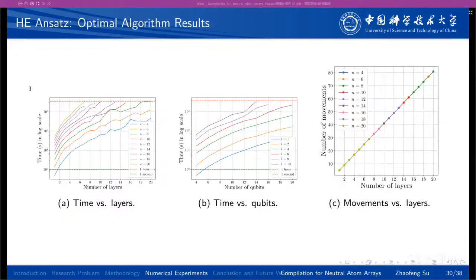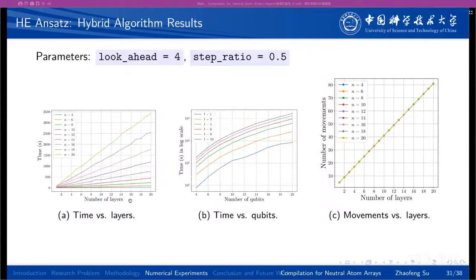This is the optimal algorithm by the SMT solver. We can see that it is very time consuming, but the result is really optimal. So it is not so practical.